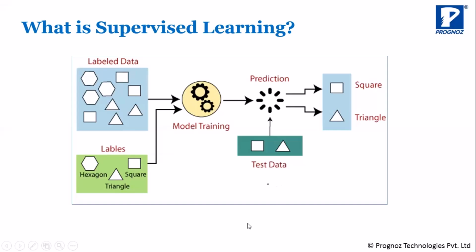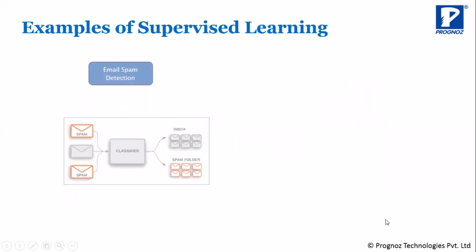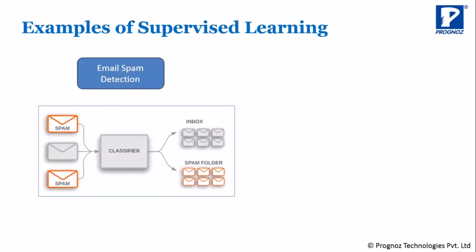Now let's see some real-life examples where supervised learning is used. One area where it is very commonly used is email spam detection. Whenever an email comes into our inbox, an email spam detection algorithm will identify this email as a valid email or as spam.